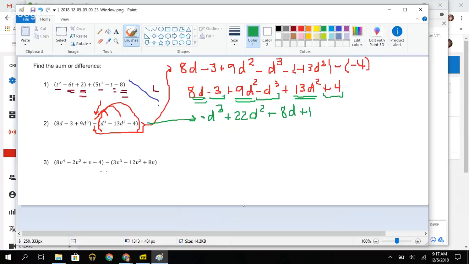If you can, type it in the chat once you get it simplified.